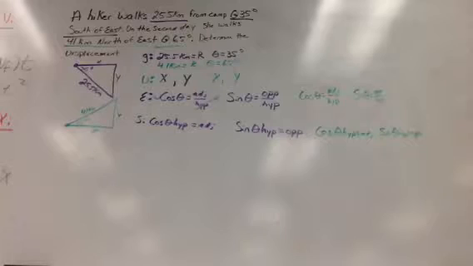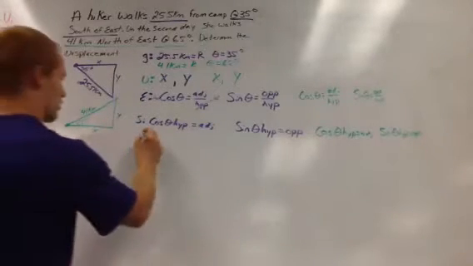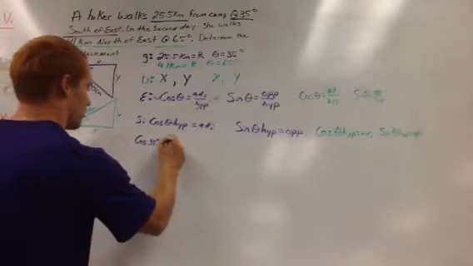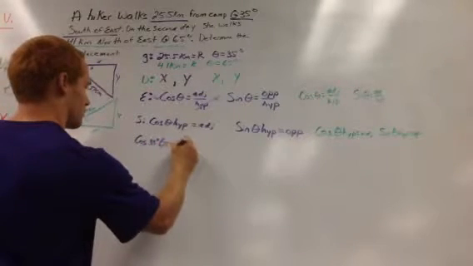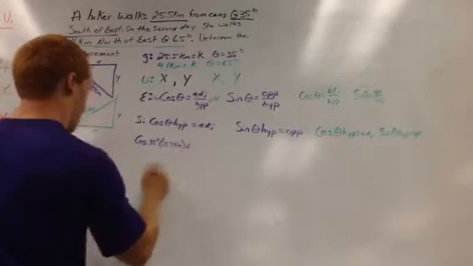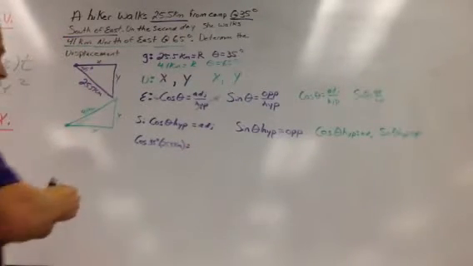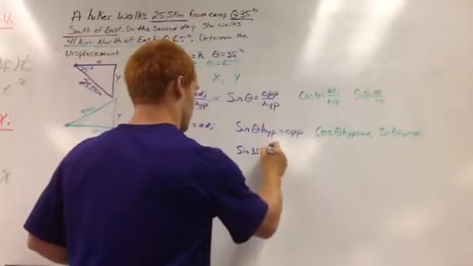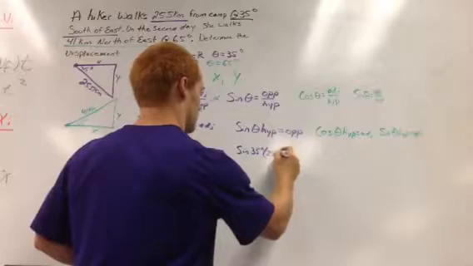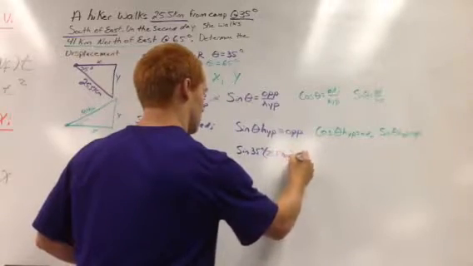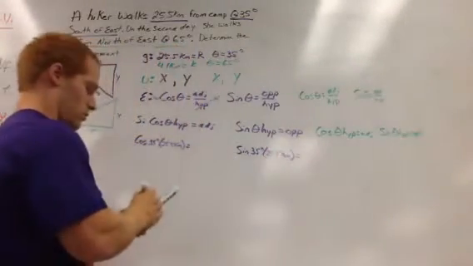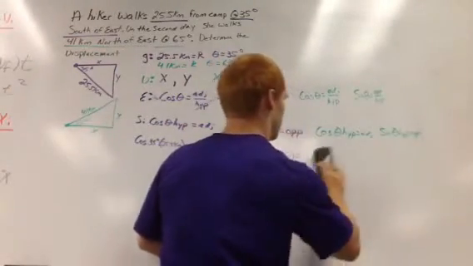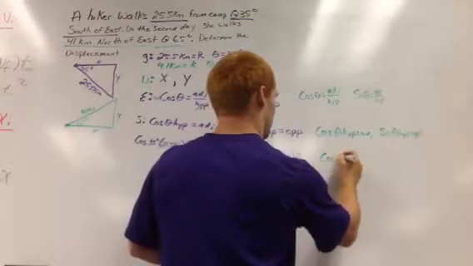Now we're going to just plug it in because we know all these values. So cosine 35 degrees times 25.5 kilometers is going to give us our x value. And then sine 35 degrees times 25.5 kilometers is going to give us a y value. Then we'll do cosine 65 degrees.